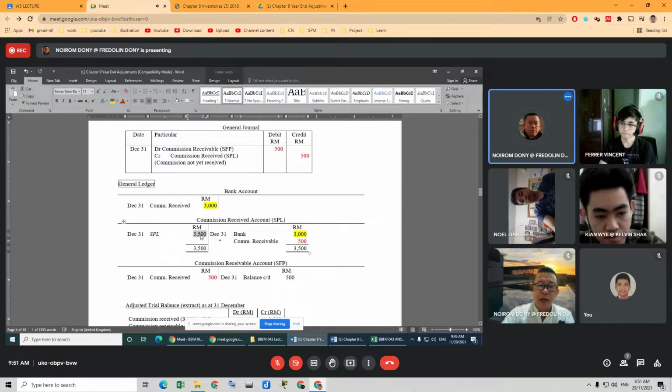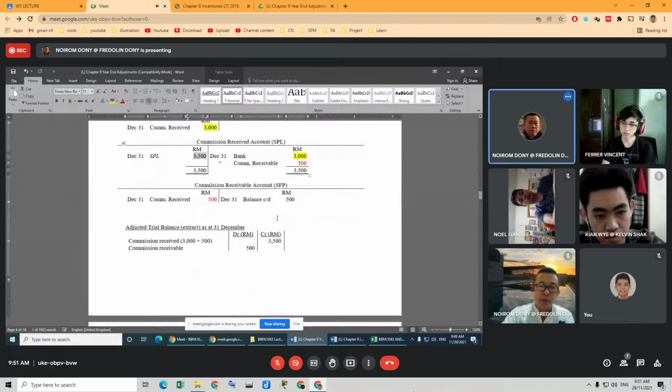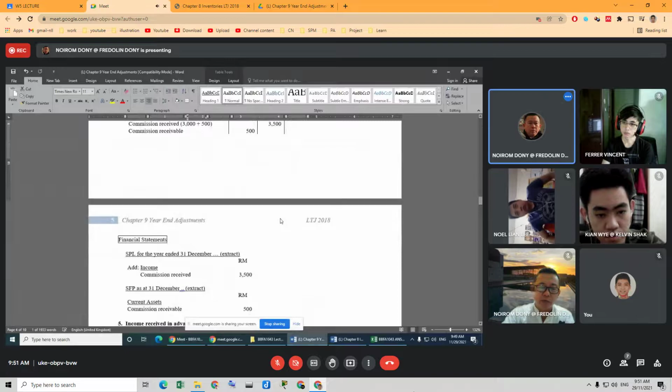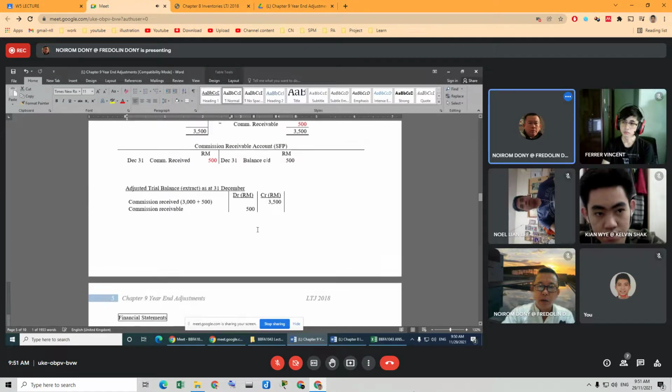Now, as we complete the double entry in SPL, it should be credited, isn't it? But we are preparing in a statement form, so credit is represented as N. So we add income, and then we put commission receipt, 3,500.